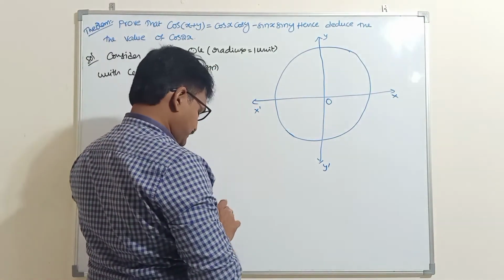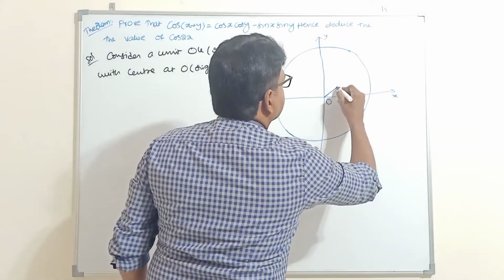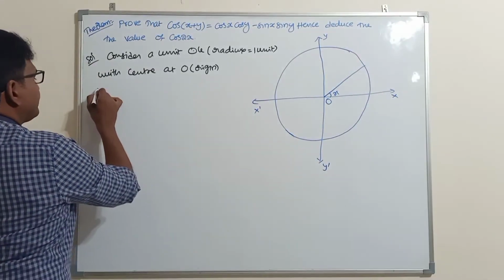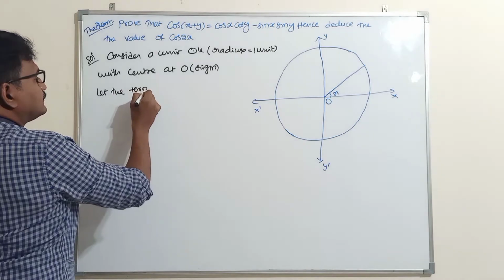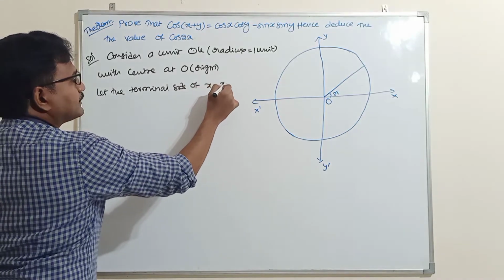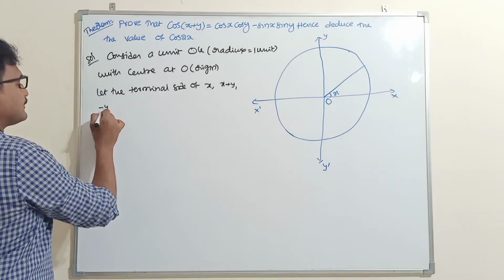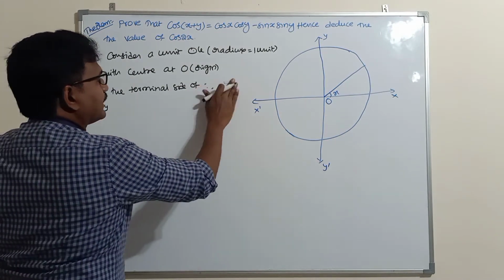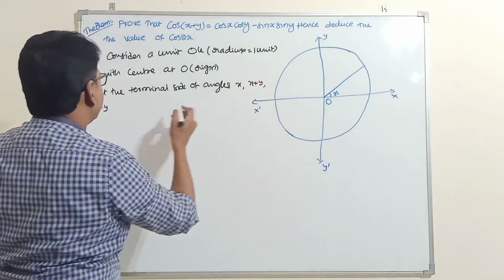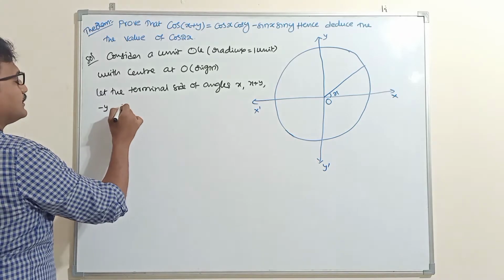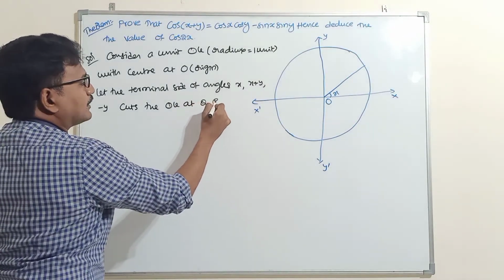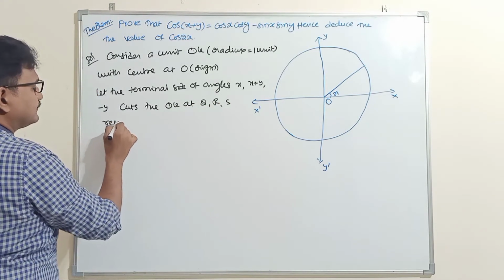Next, let the terminal sides of angles x, x plus y, and minus y cut the circle at Q, R, S respectively.